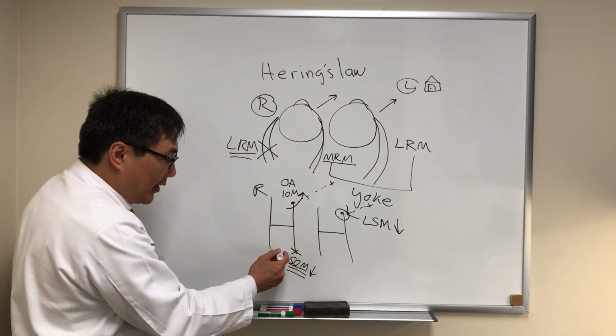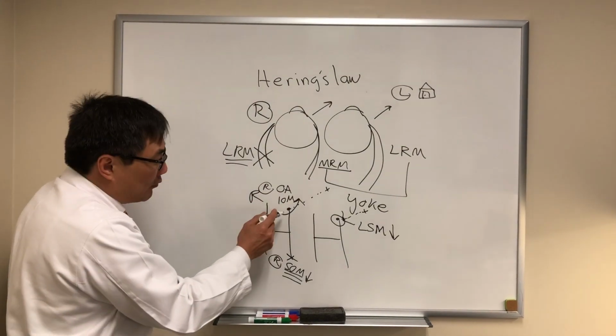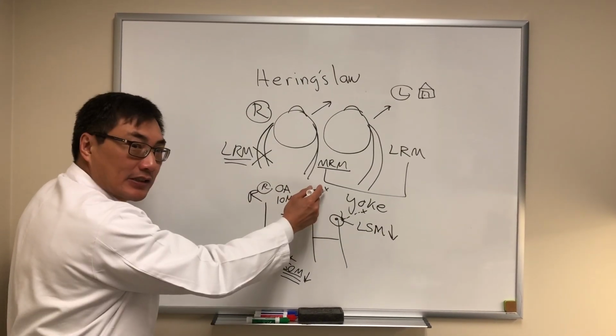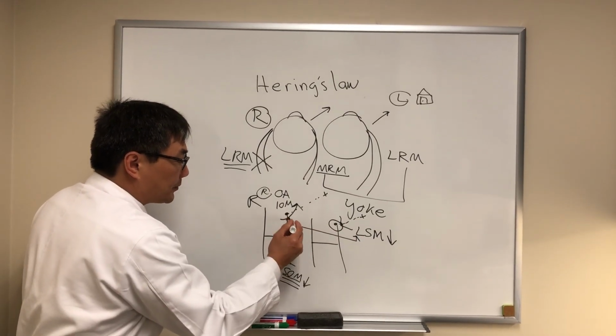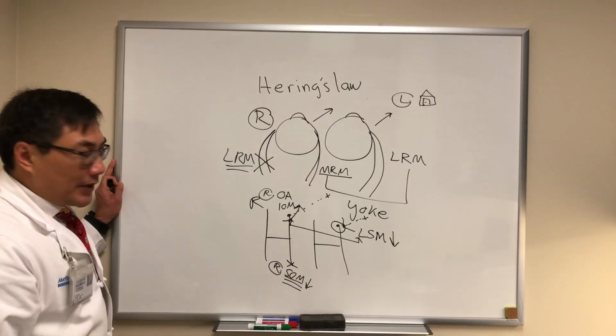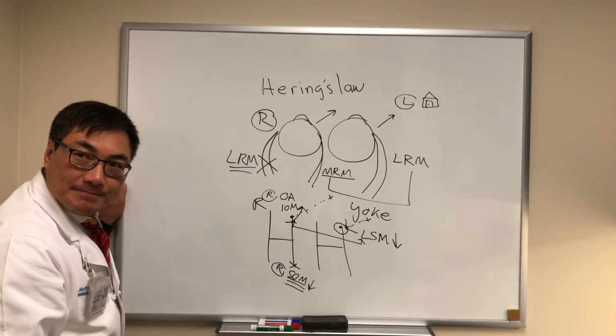Because the superior oblique on the right is weak, the right inferior oblique is overacting, it receives less innervation to look at the target, and that is transmitted to its yoke muscle, the superior rectus muscle on the left side.